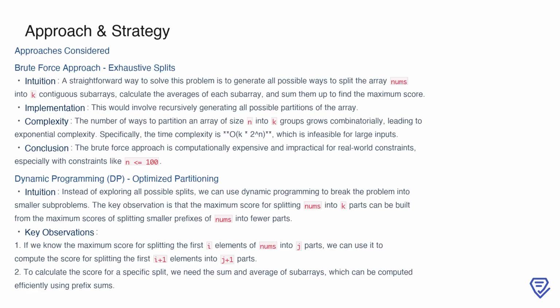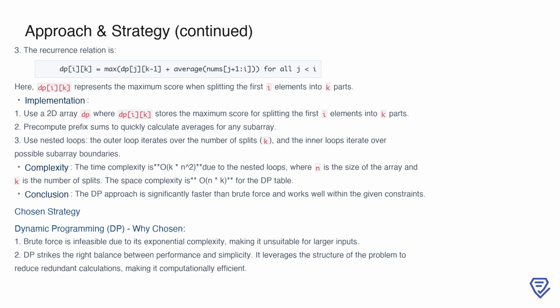The key idea with dynamic programming is to break the problem into smaller subproblems. By recognizing that the maximum score for splitting the array into k parts can be built incrementally from the scores of splitting smaller prefixes into fewer parts, we can reduce the redundant calculations and achieve significant performance improvements. To implement the dynamic programming approach, we use a recurrence relation that builds the solution iteratively.